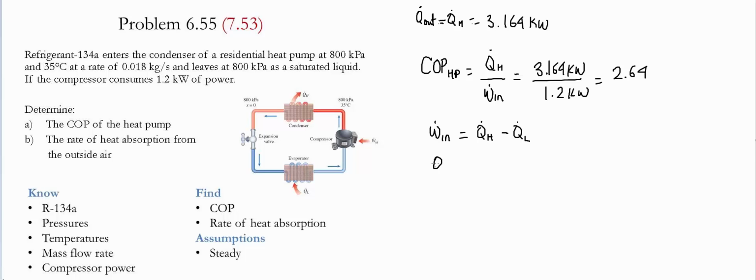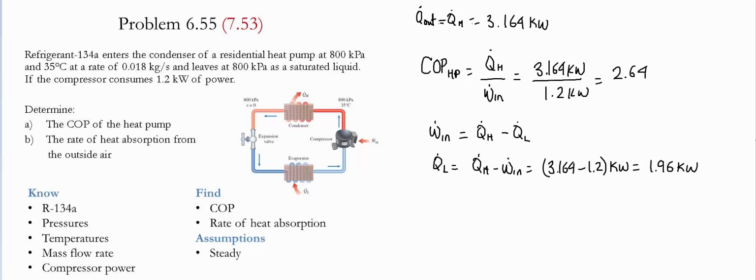If we solve this equation for Q dot L, we find that it is simply Q dot H minus the power going into the compressor. The values that we had previously were 3.164 and 1.2, both of them in kilowatts. Therefore, the difference is 1.96 kilowatts, and that is the rate of heat absorbed by the evaporator.